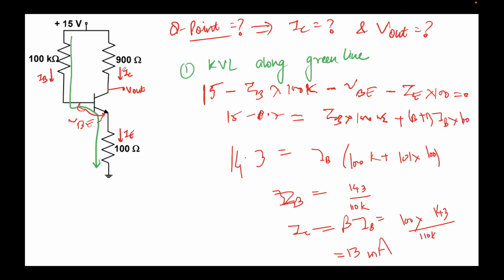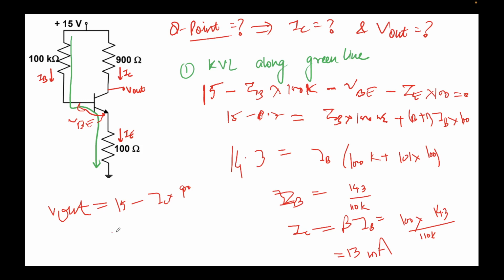And finally we need to find the value of V out. Now we saw in the previous question also, V out is nothing but, if we apply Ohm's law across this 900 ohm resistor, V out is equal to 15 minus IC times 900.